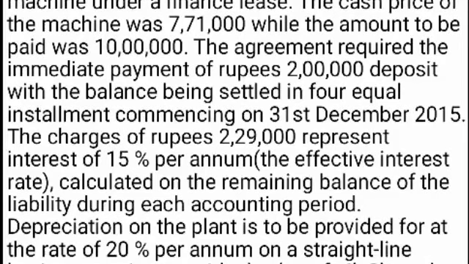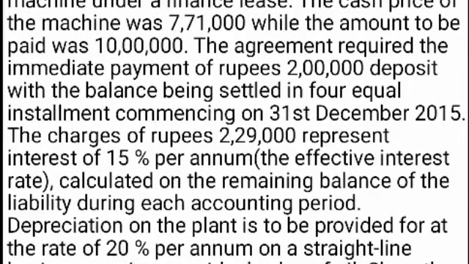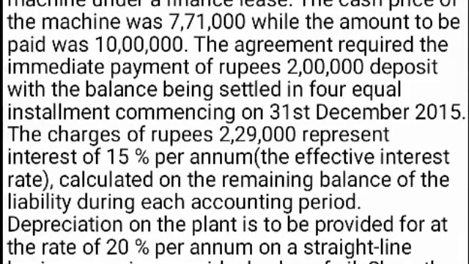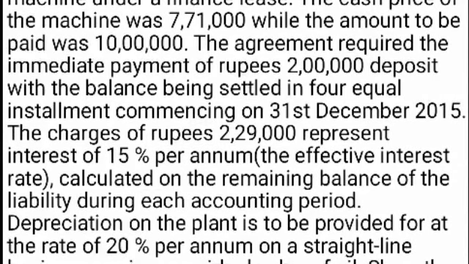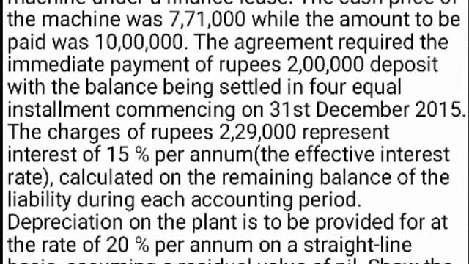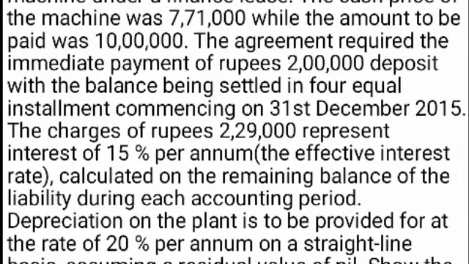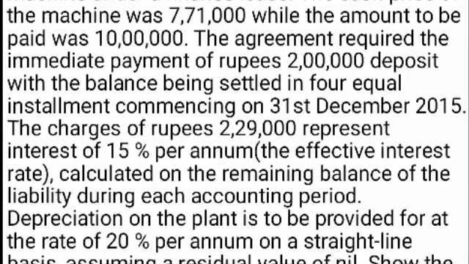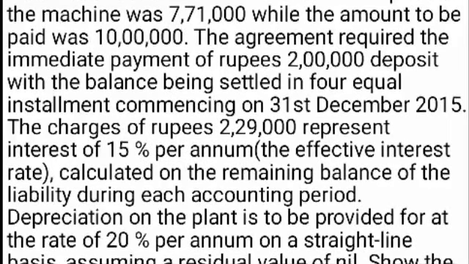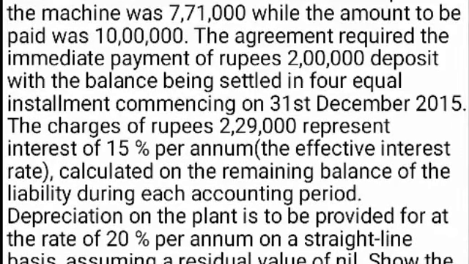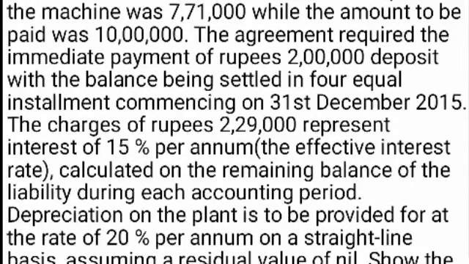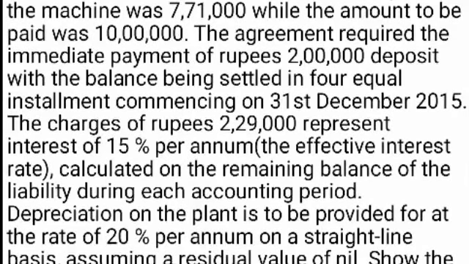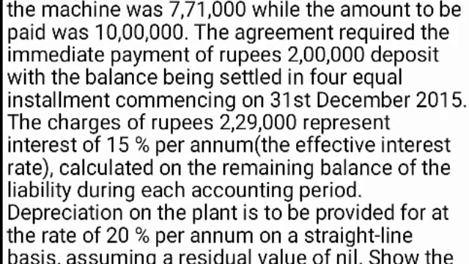The balance amount, which is 10 lakh, of which 2 lakh is paid in advance, and the 8 lakh rupees is deposited in 4 equal installments, which commence on December 2015. The charges of rupees 2,29,000 represent interest at 15% per annum.